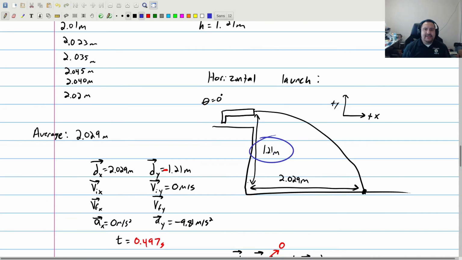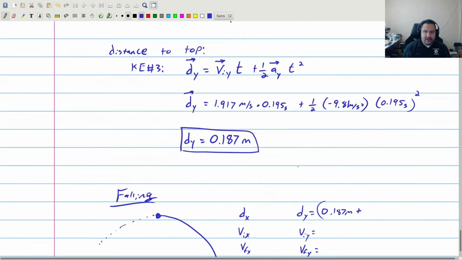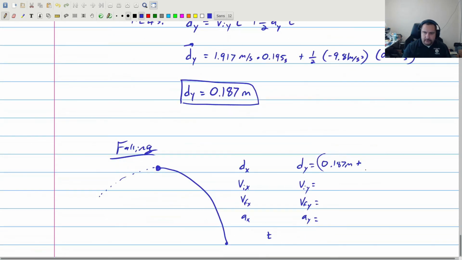So I need to add that 1.21 meters to this problem as well, and I get 1.397 meters.